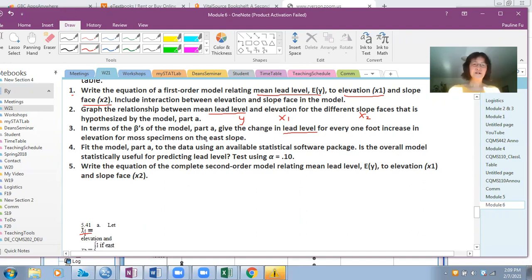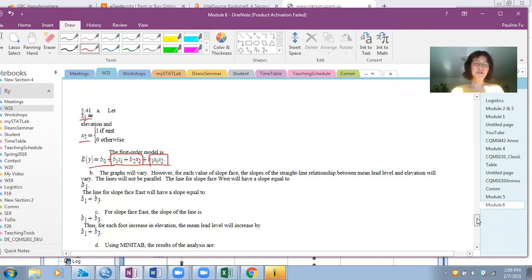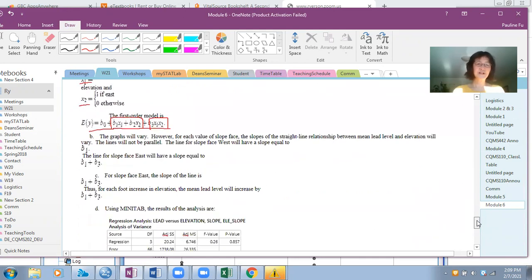So in terms of beta, give the change in Y for every 1 foot increase in elevation, this is X1, on the slope east, X2 equal to 1. When X2 equal to 1, it means east. Okay, so this is question 3.